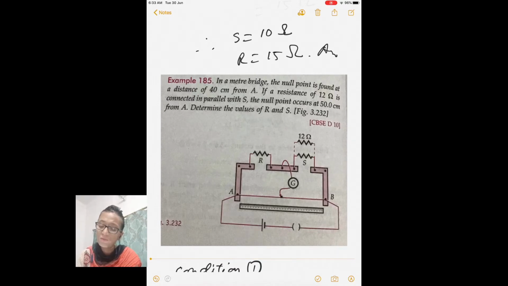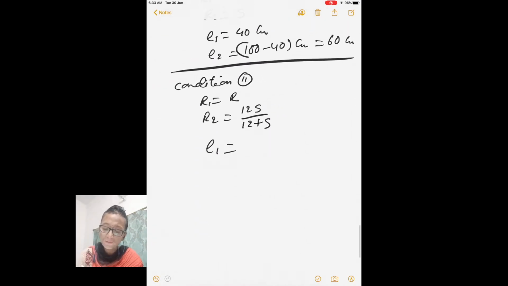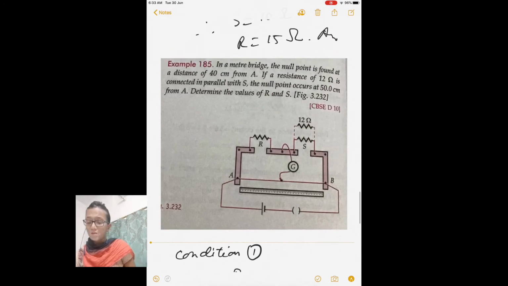Now L1 is obtained at 50 centimeter. And L2 is also 100 minus 50 centimeter, which is equal to 50 centimeter. So we need to know these four things: the two resistors and the lengths corresponding to these resistors.